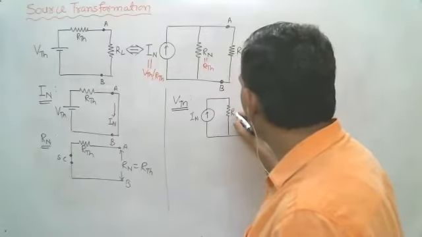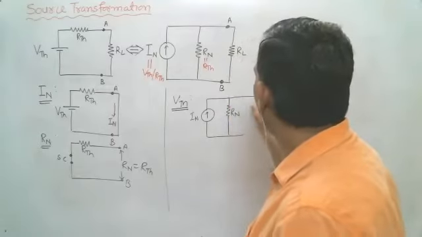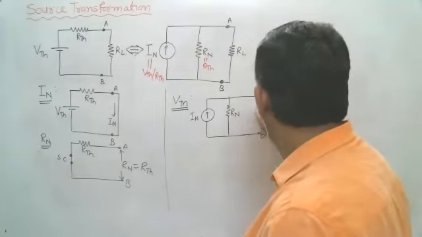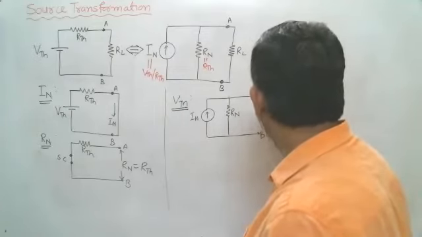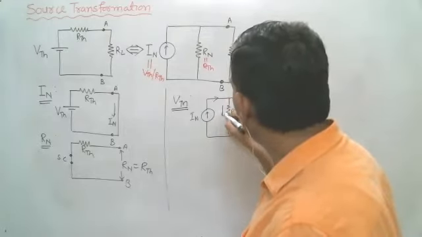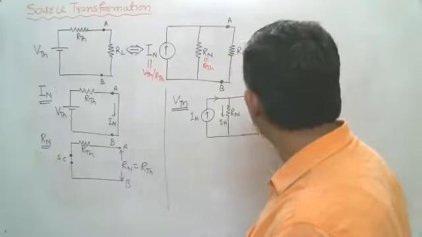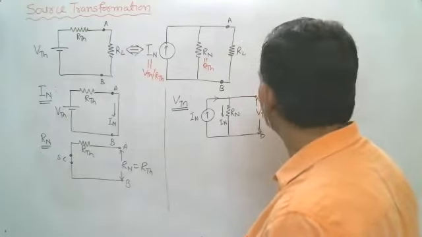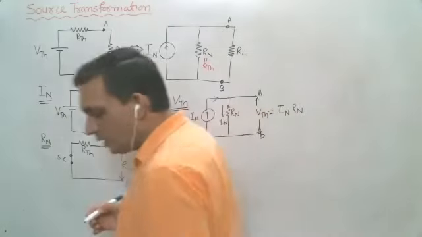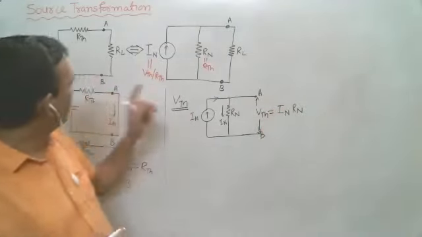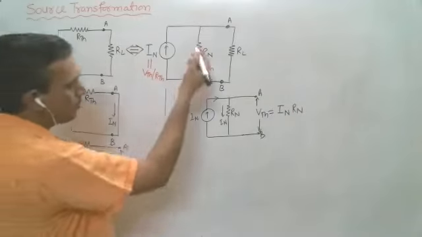This is RN. And measure this drop, AB. This drop is VTH. And this is current IN. So same current IN will flow in this loop. So VTH is IN into RN.